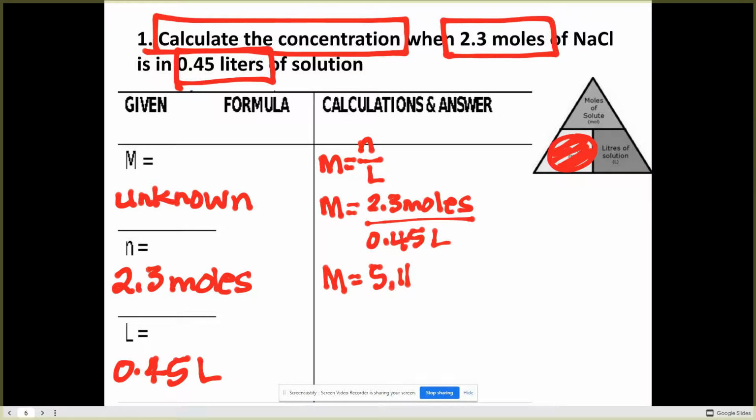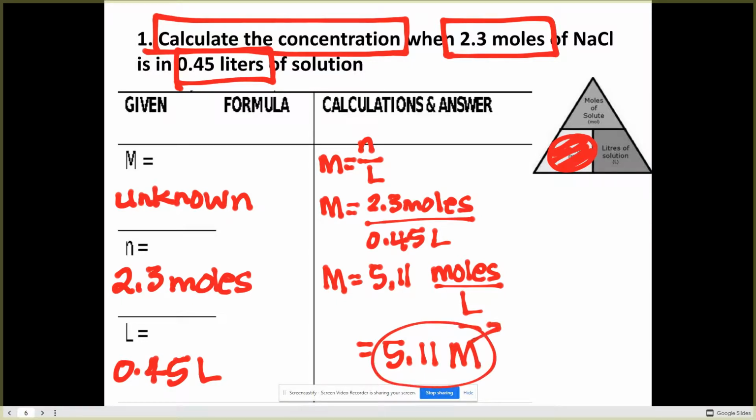Now, what will be the unit? If you look closely, the moles over L will not cancel out. So you get the unit moles over L, and that is actually equivalent to big M or molars. So this is your molars, 5.11 big M. And again, guys, that big M is read as molars, like your teeth.